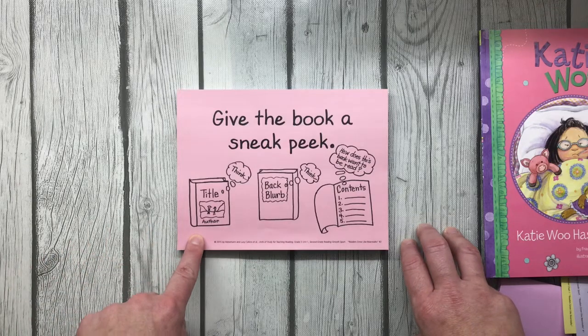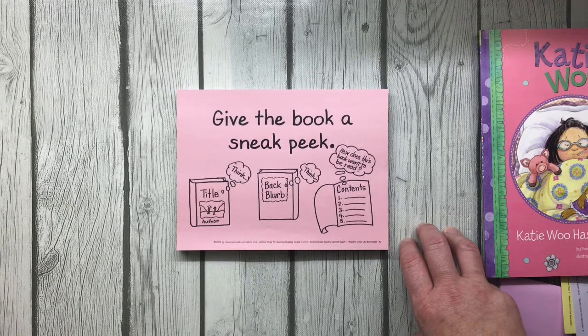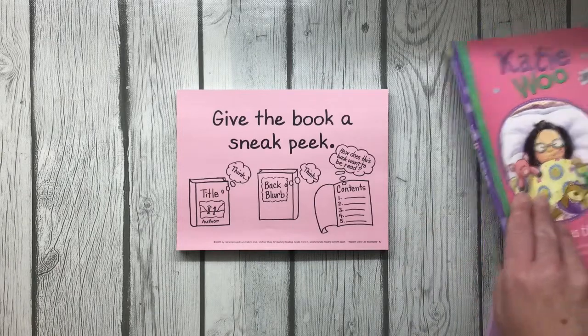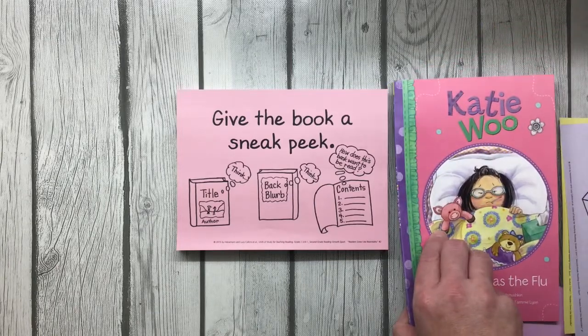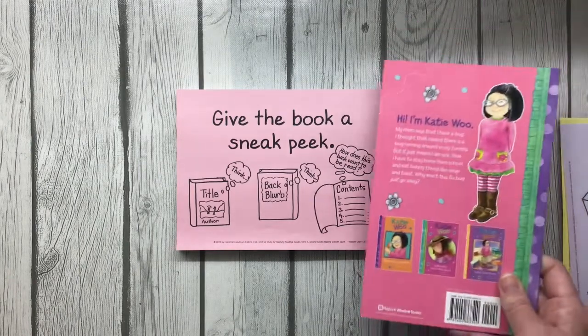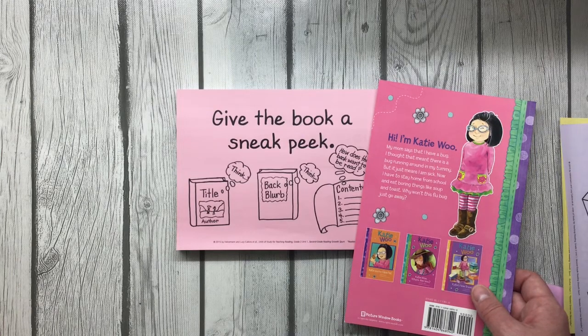So I hope right now you're looking at the title and the cover and thinking about how does this book want to be read? Don't forget to flip it over to the back and see if there's a blurb.